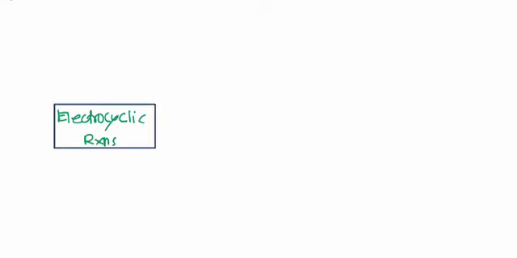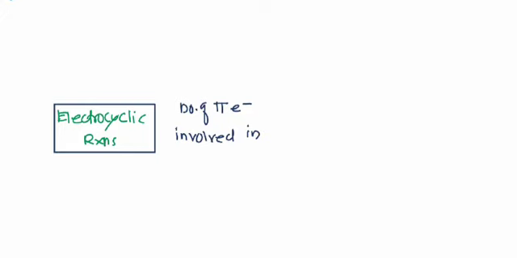Electrocyclic reactions are classified on the basis of the number of pi electrons involved in the cyclic transition state.